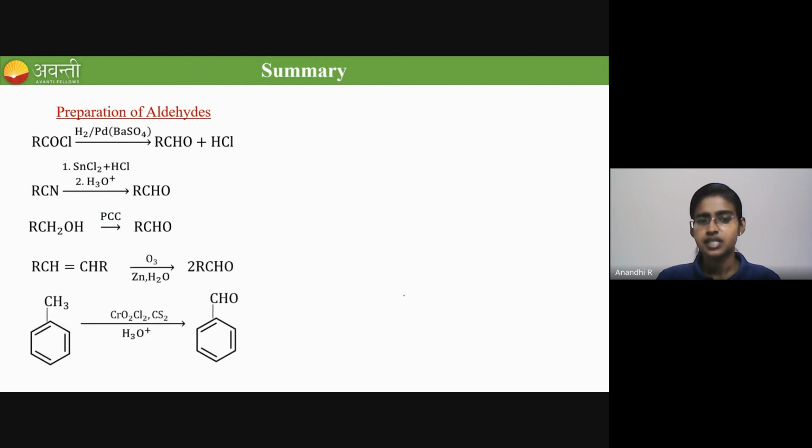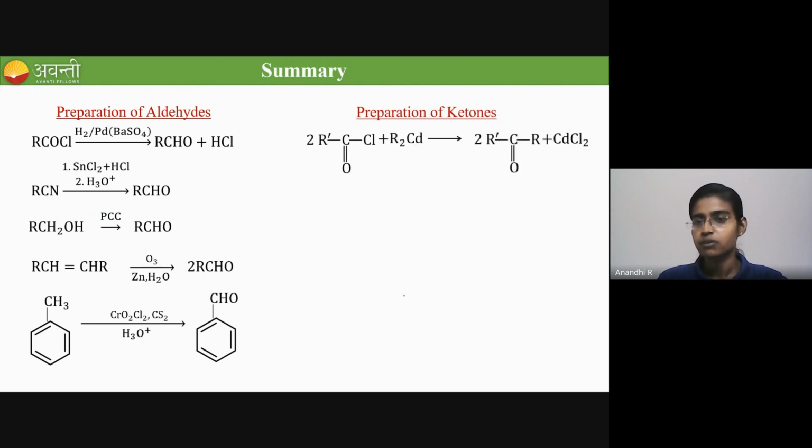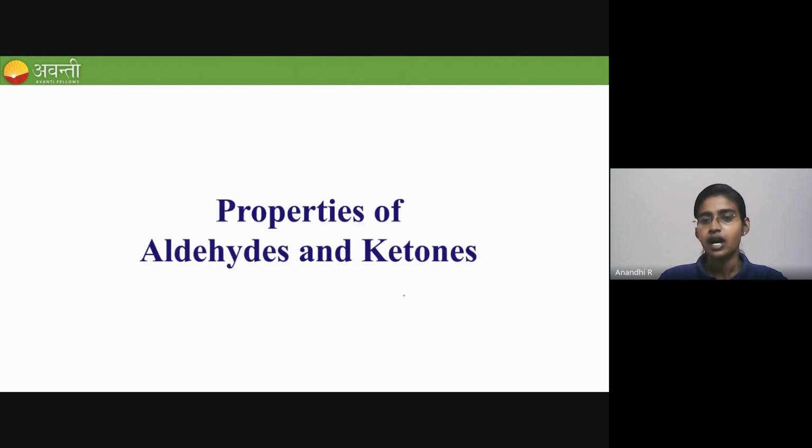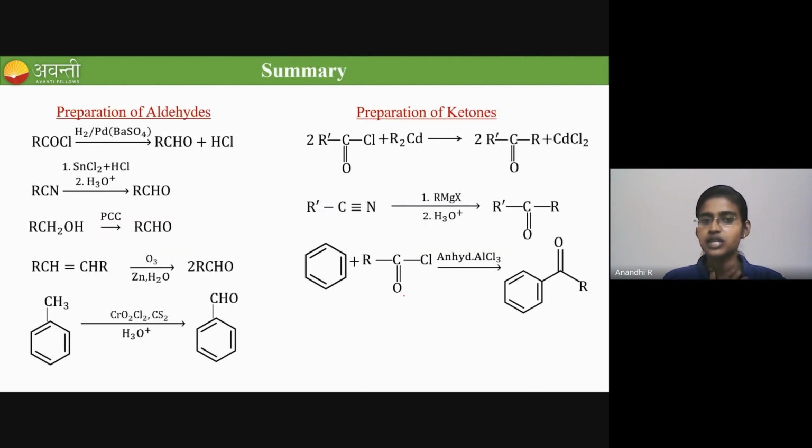This is the Etard reaction, and preparation of ketones. Some of the preparations of ketones are from dialkyl cadmium and nitriles, and the last one is Friedel-Crafts acylation reaction. Okay, so these are some of the important concepts from the preparation part which we have discussed so far.